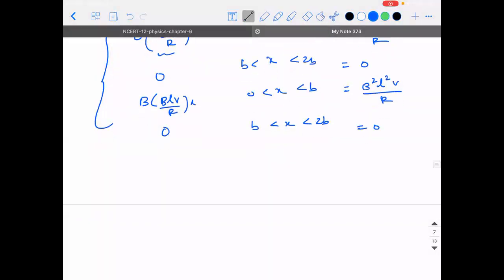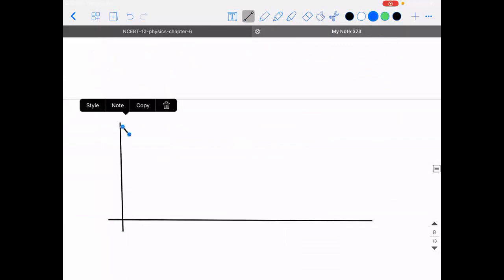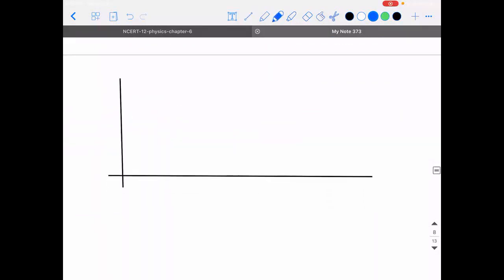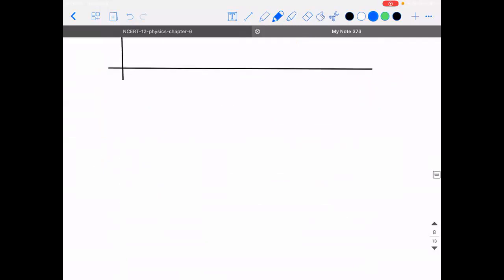So when you try to draw the graph here, minus B square L square V divided by R. This point is B, this point is 2B, this point is B, again 2B. Sorry, again 0.